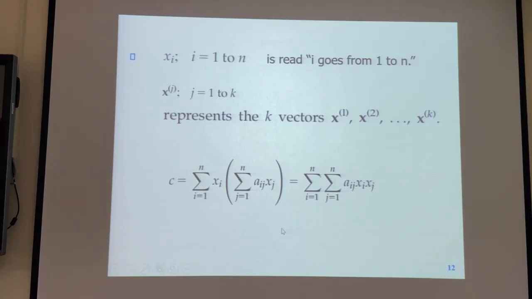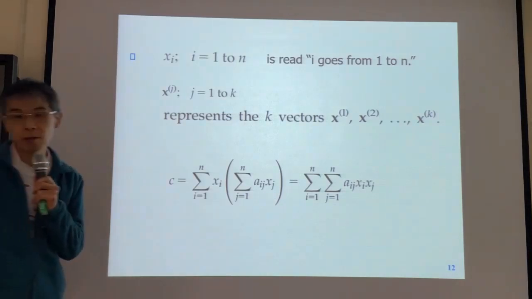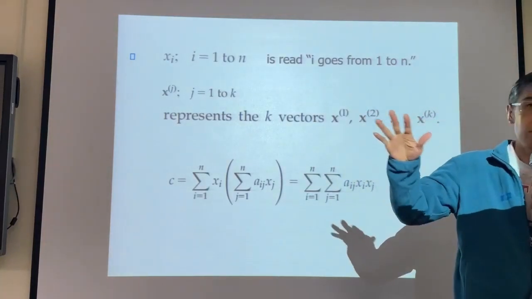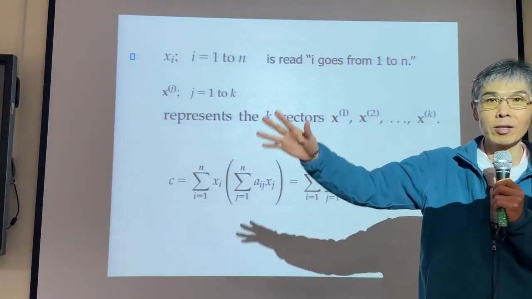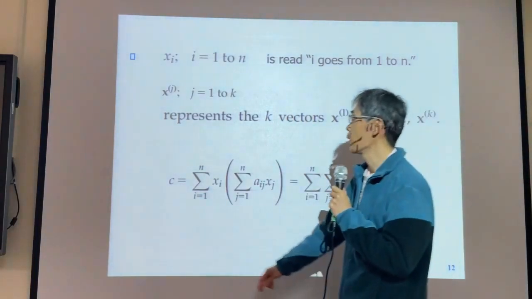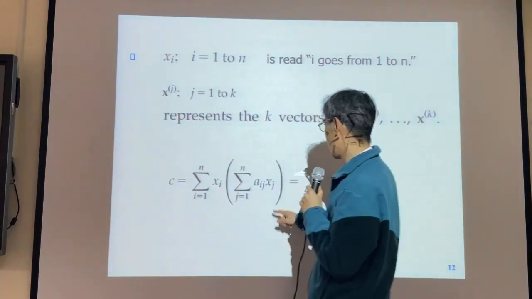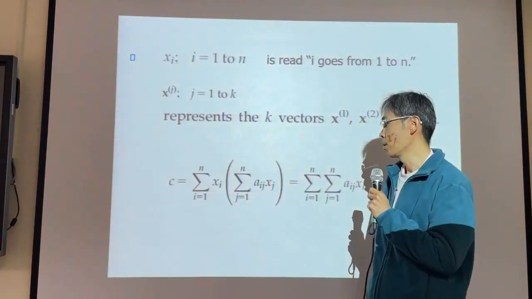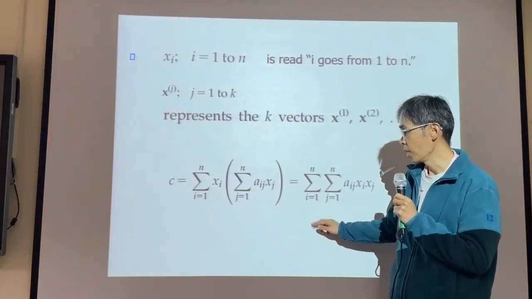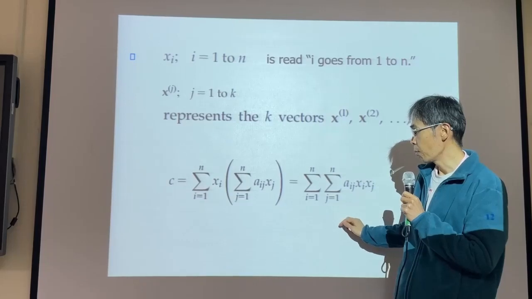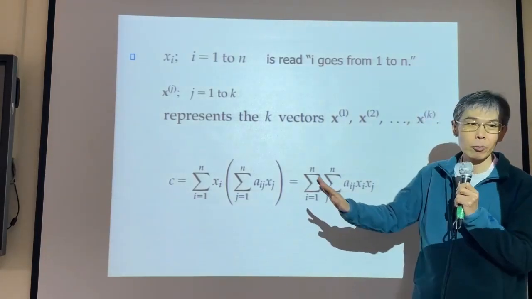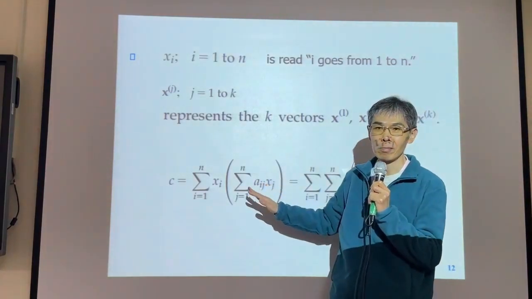Then Einstein notation. When Einstein formulated some complicated formulations, he used this notation, Aij xj. So you don't need to write A11 x1 plus A12 x2 plus A13 x3 and so on. You don't need to write all these symbols.